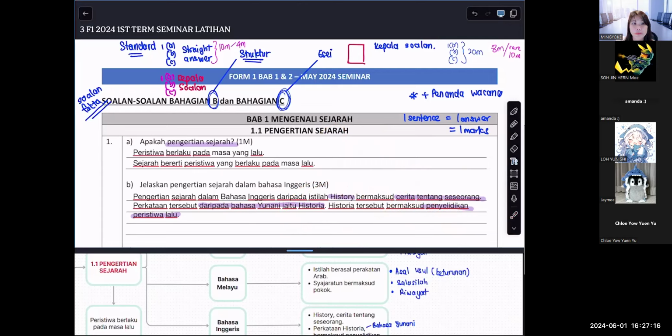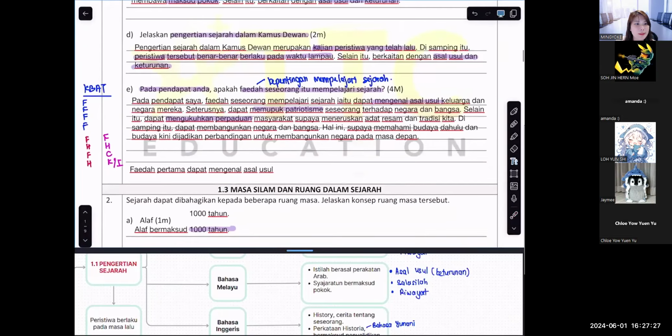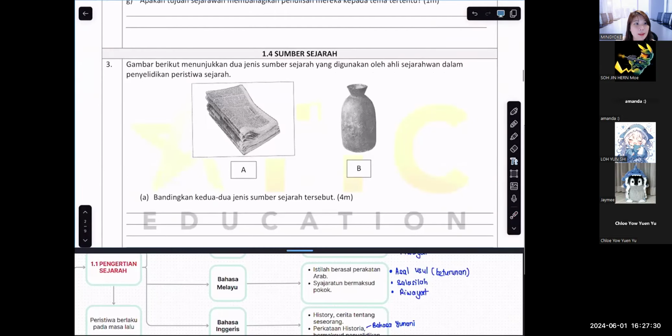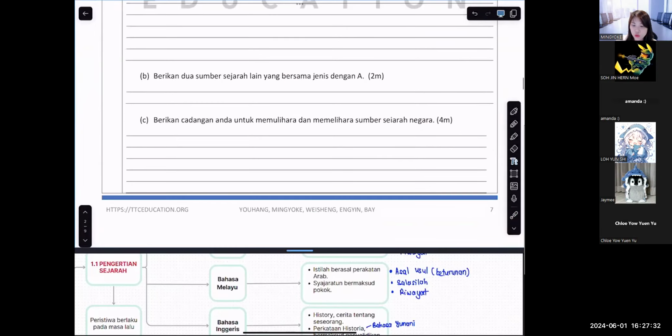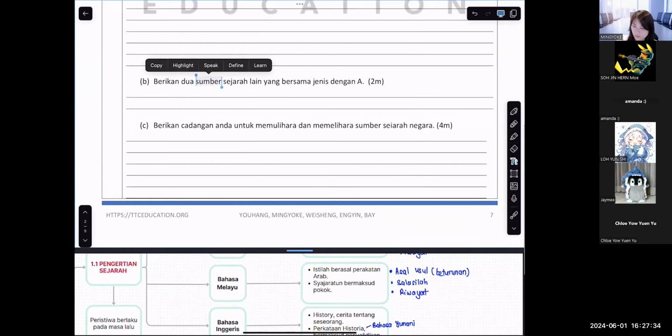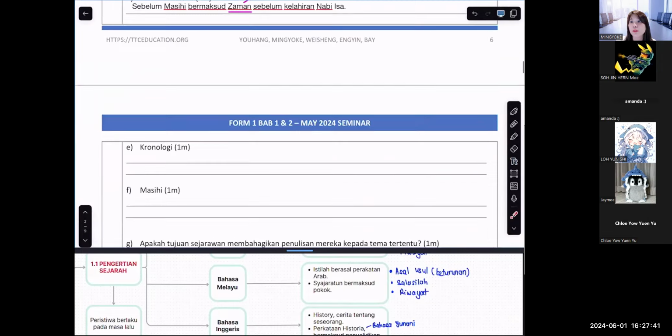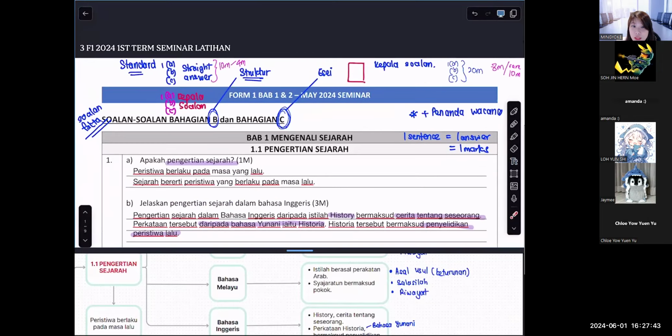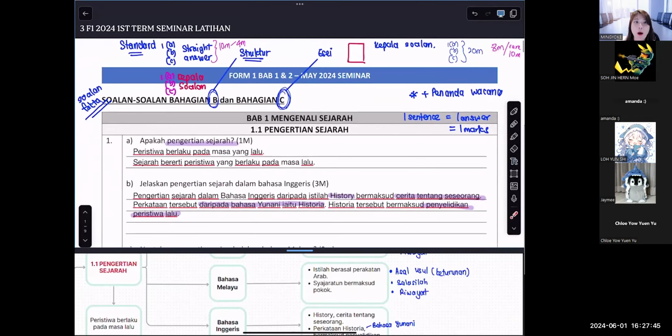All right. Now, under this case, is it likely for teachers to deduct marks because you wrote more than needed? No. But some teachers, if they ask you for dual sumber, then you write more than dual, some teachers won't minus your marks, but they will tell you the next day face to face, hello, boy or girl, I already said it's dual, why did you write 3?